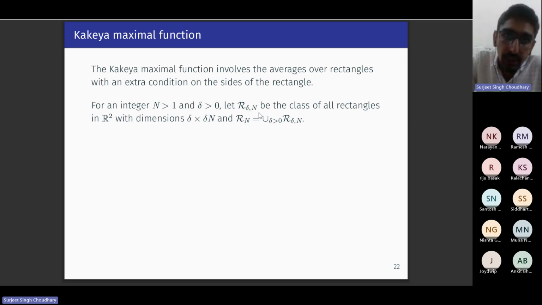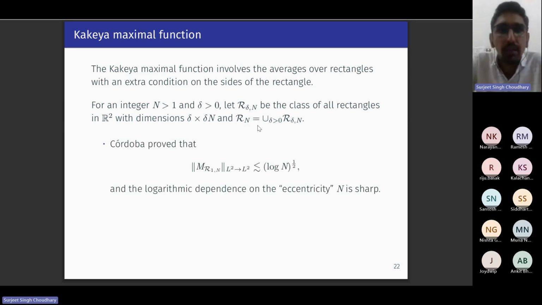So in the first collection, we have the dimension of the rectangles fixed. In the second collection, we have the eccentricity of the rectangles fixed. So we can define the averaging operators corresponding to these collections. When delta is 1, Cordoba proved that for fixed dimension rectangles, we have L2 to L2 boundedness with growth log n to the power half, and this dependence on n is sharp.